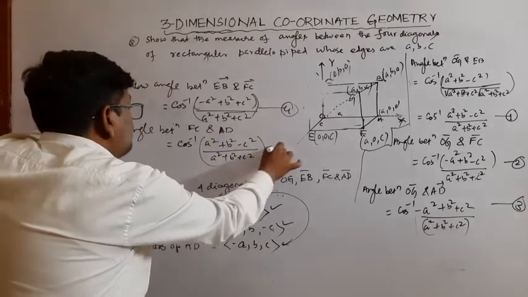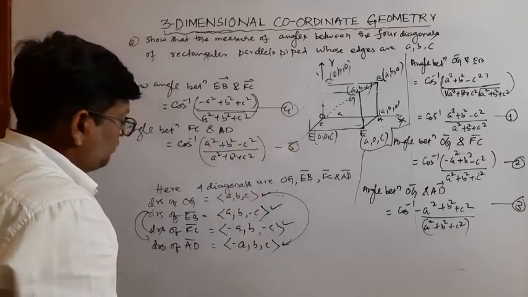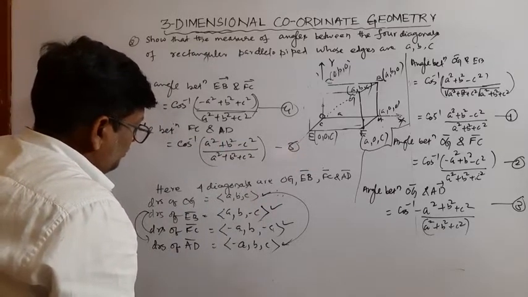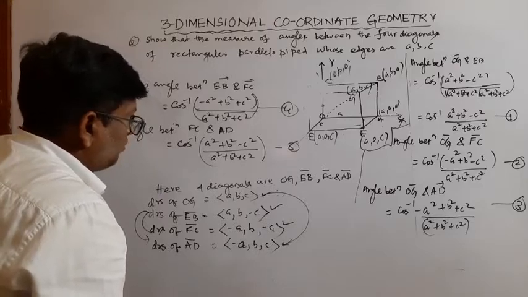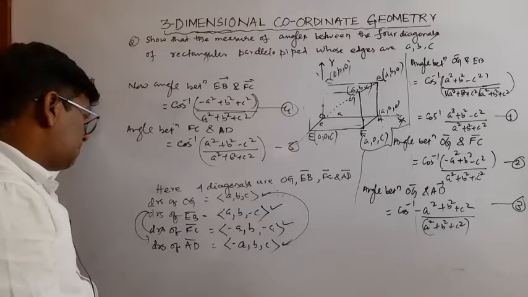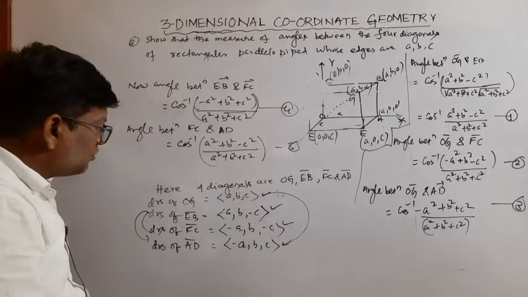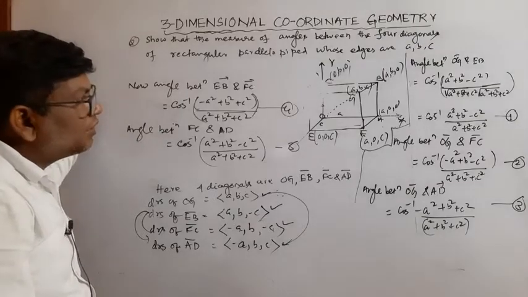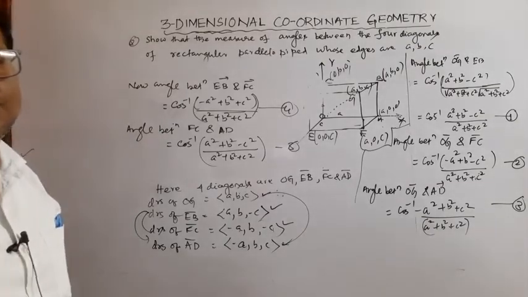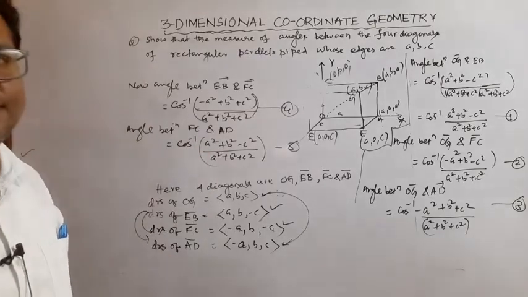This is equation 5. Okay, this is equation 5. And one thing is minus B. Okay, let's recheck these coordinates.